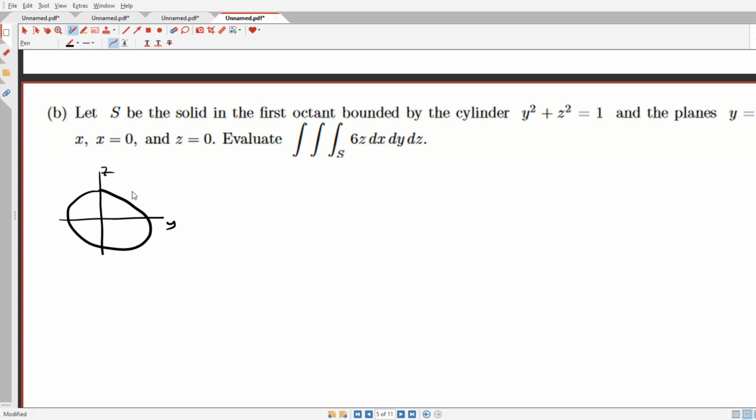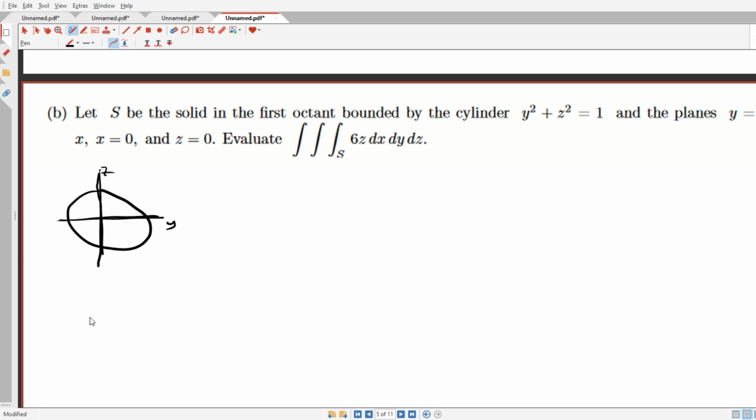I have the plane z equals 0, so that's the xy plane, and that's going to be this here. So we have the top half of the cylinder. The plane x equals 0, that's going to be this plane straight up along here. No, that's y equals 0.